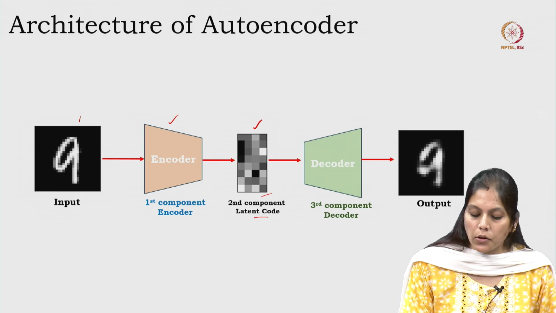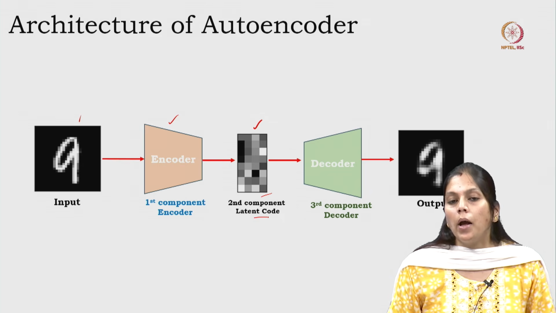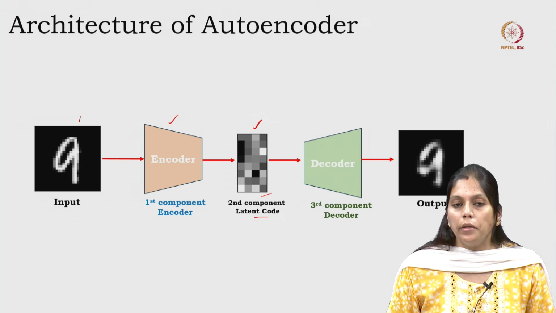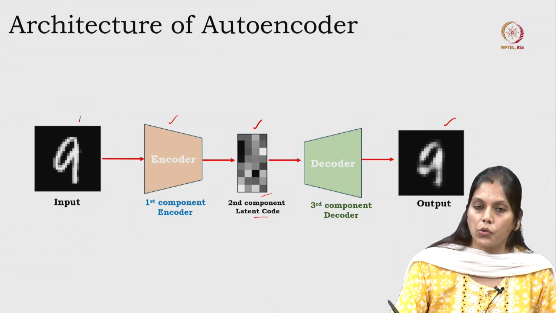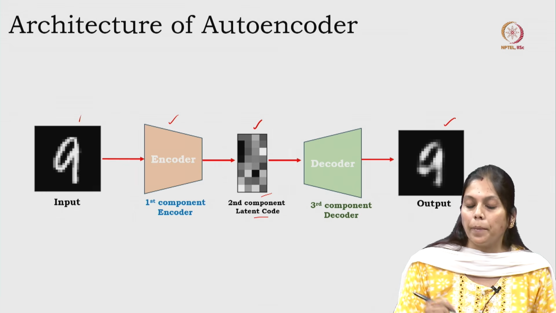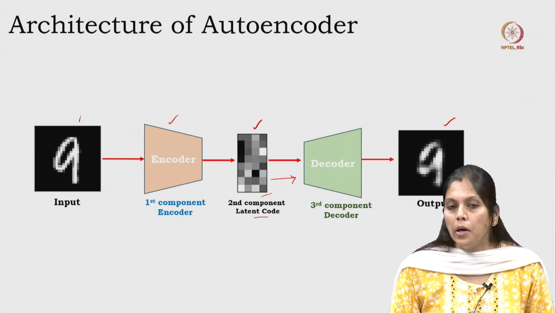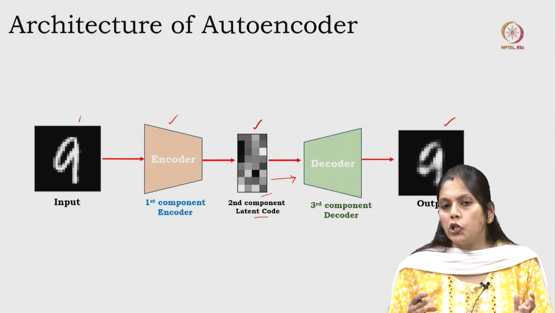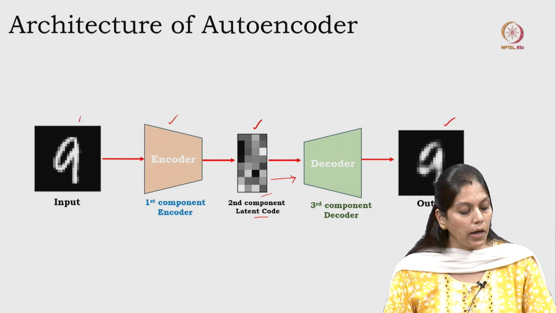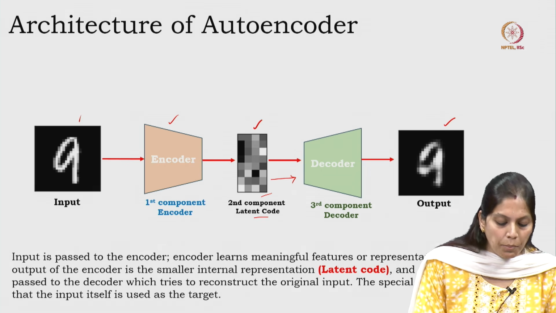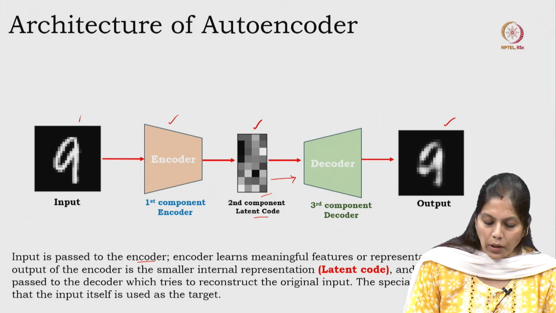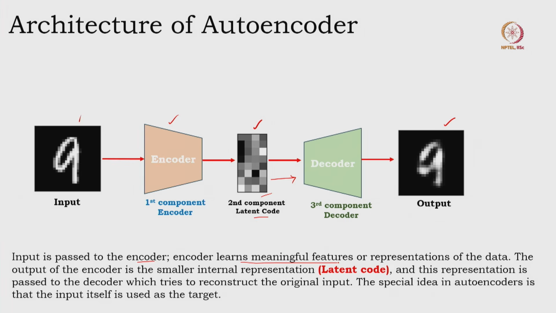Next, that latent code is passed to a decoder. And what is the role of a decoder here? The role of a decoder is to reconstruct the data back. This smaller representation is passed as an input to the decoder, the decoder will perform some operation, and then it reconstructs the data back. So input is passed to an encoder, and the encoder learns the meaningful features or representation of the data, so that the output of the encoder is a smaller internal representation.